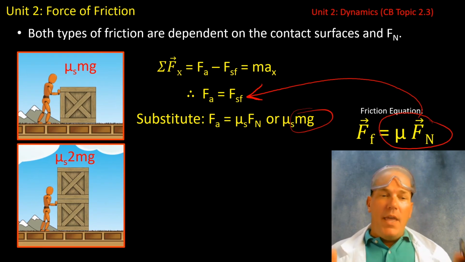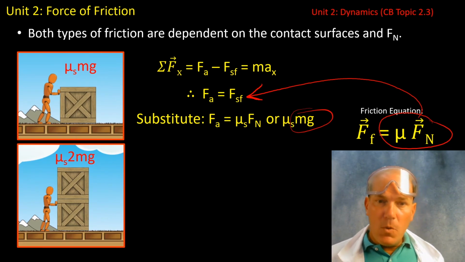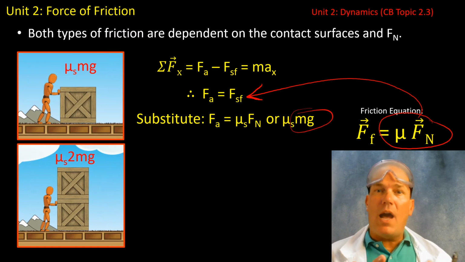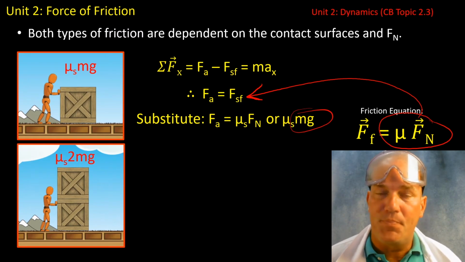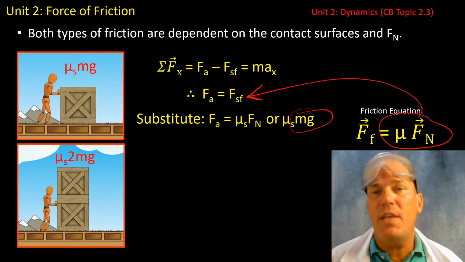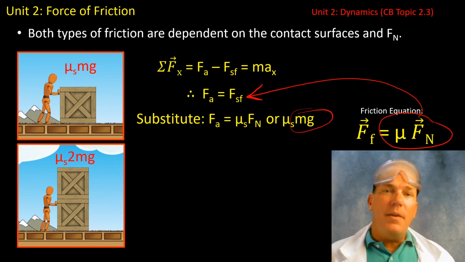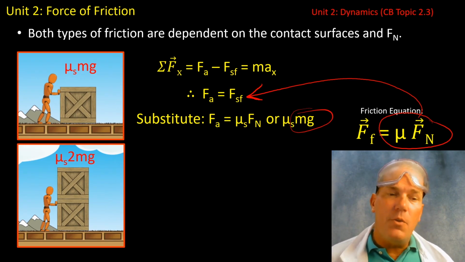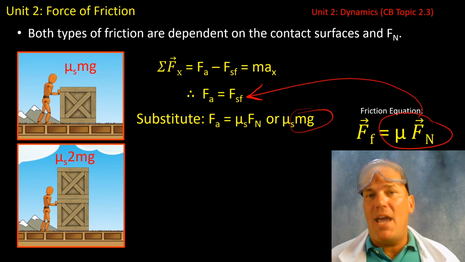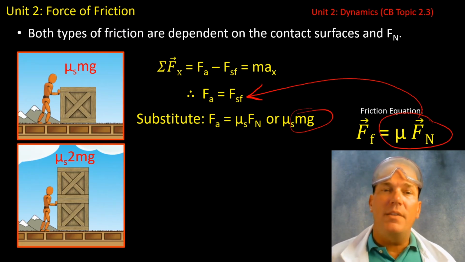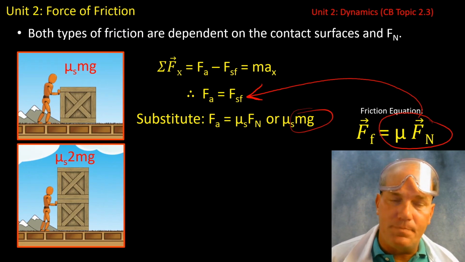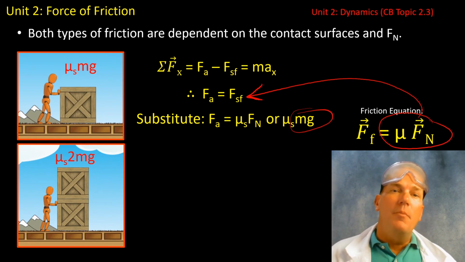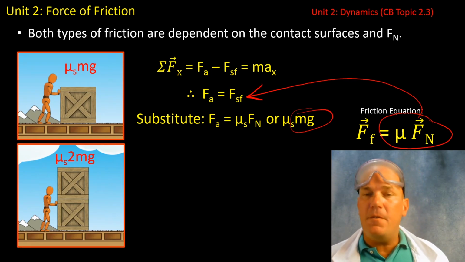We now have two objects, and I'm going to define these two objects as a system. I'm going to say each has a mass of m. Therefore, in this second scenario, my system has a mass of 2m relative to the first scenario. I also have my coefficient of static friction indicated.